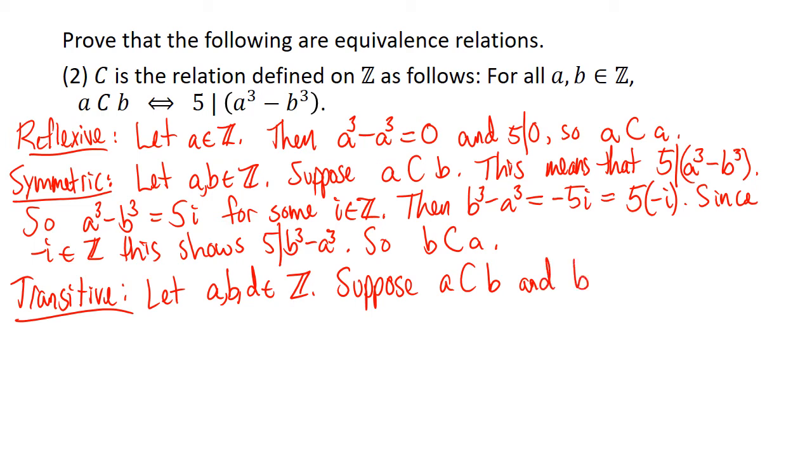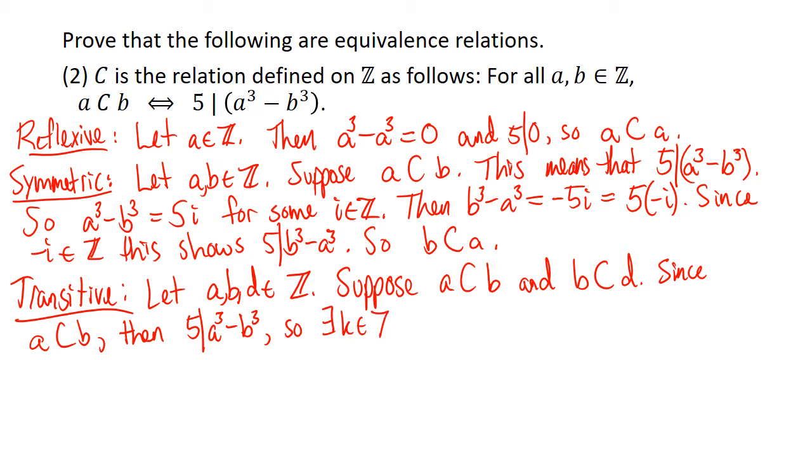And B is related by C to D. And I'm going to try to show that A is related to D. Okay, so since A is related to B, that means that 5 divides A cubed minus B cubed. So there exists some integer, which I'll just call k, I guess. So there exists some integer k such that A cubed minus B cubed equals 5k.